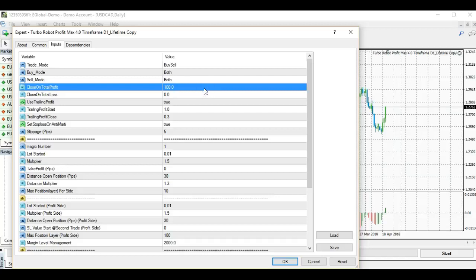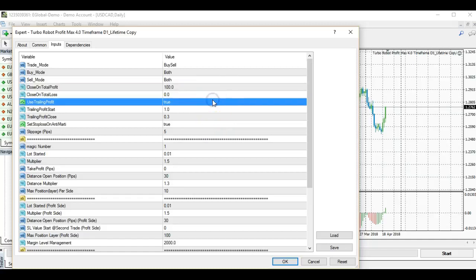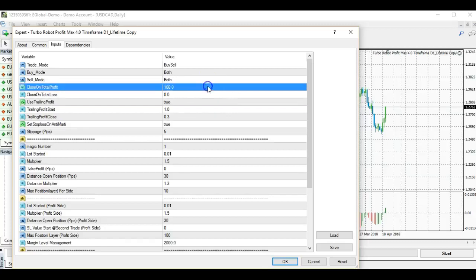A series of trades is like when you are already on a martingale, you have 0.1, 0.2, 0.3, something like that. That is called a series of martingale trades. If that series of martingale trades reaches $100 overall, it will just close.